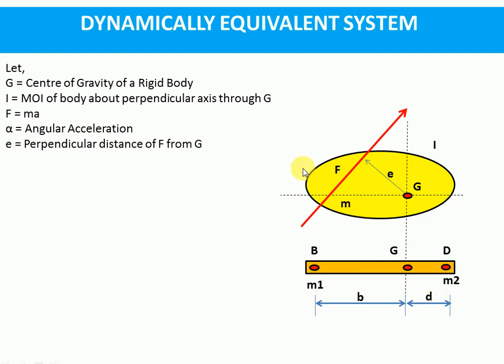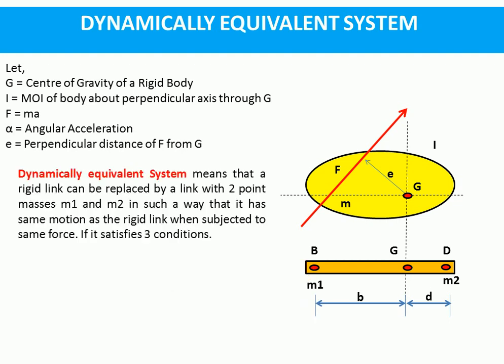According to dynamically equivalent system, a rigid link can be replaced by a link with 2 point masses m1 and m2 in such a way that it has the same motion as the rigid link when subjected to the same force.